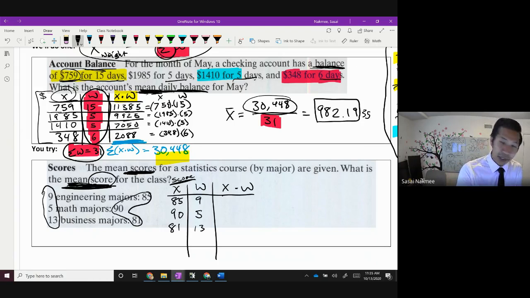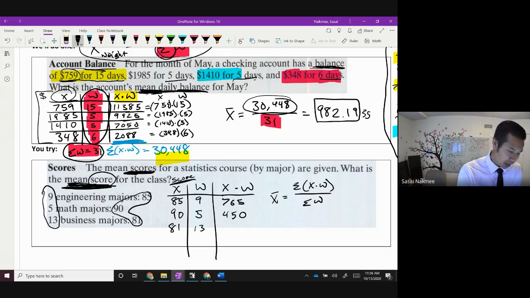So how do we calculate the average? We're going to be using this formula: the sum of X times W over the sum of W. Well, X times W, we need to do that first. And again, I'm cheating here. I'm going to look at your numbers and pray that you guys did this right. So it looks like you got 765 for that one, and then you got 450 for this one.